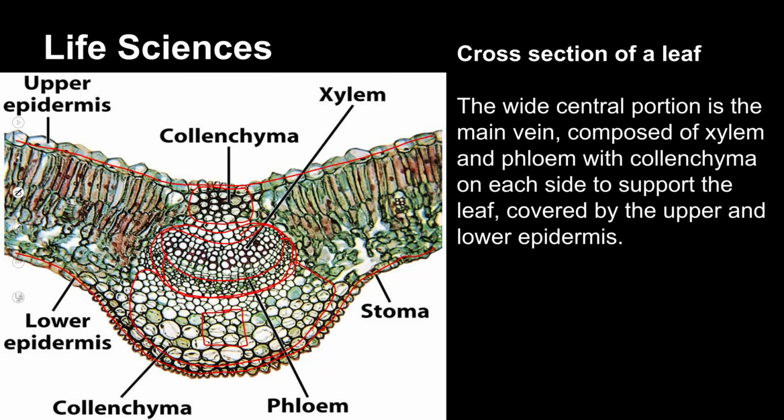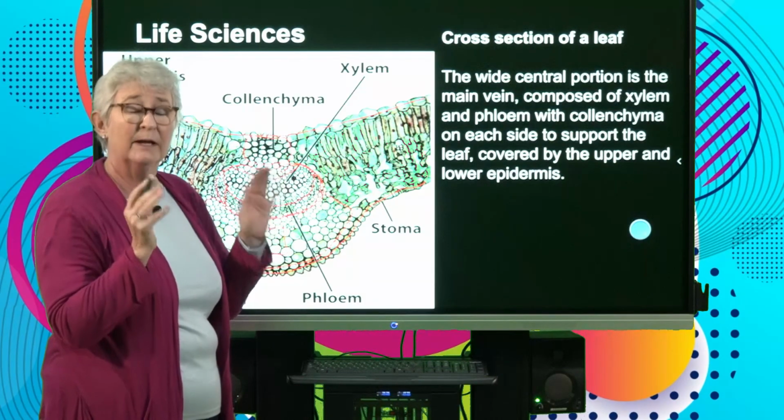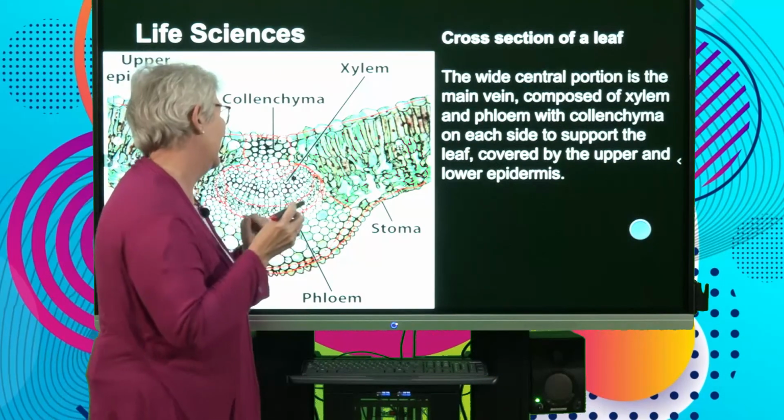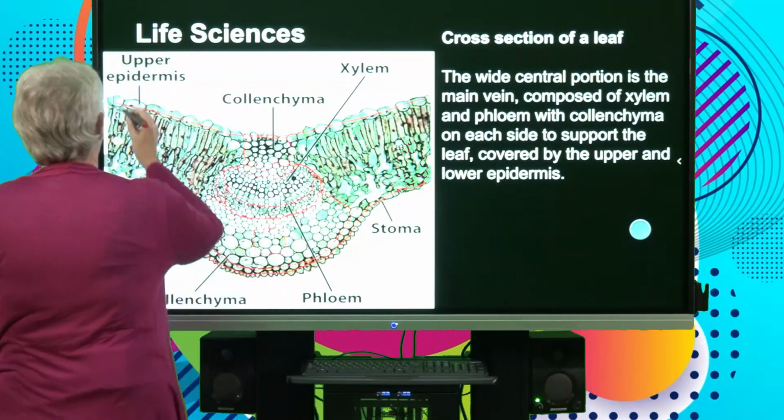So what about the rest of the leaf? We're going to be looking at the leaf blade. That's the flat part of the leaf where the photosynthesis occurs. And that's what we're going to be looking at in the next slide. We're not going to be looking at the main vein, we're going to be looking at the leaf blade or the flat part of the leaf.